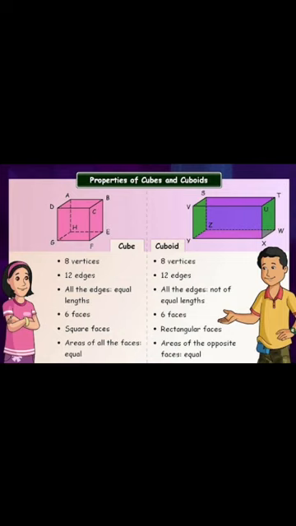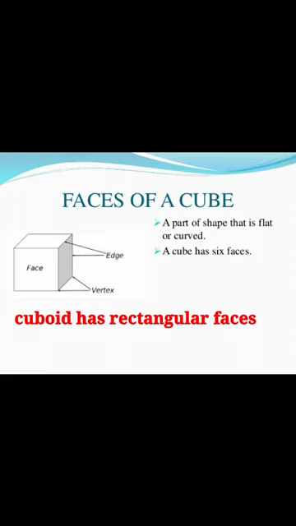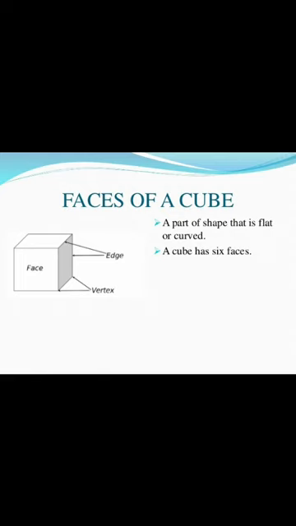So the main difference is the face of those figures. A cube has square faces and a cuboid has rectangular faces. That means a cube has a square face, whereas a cuboid has a rectangle face.